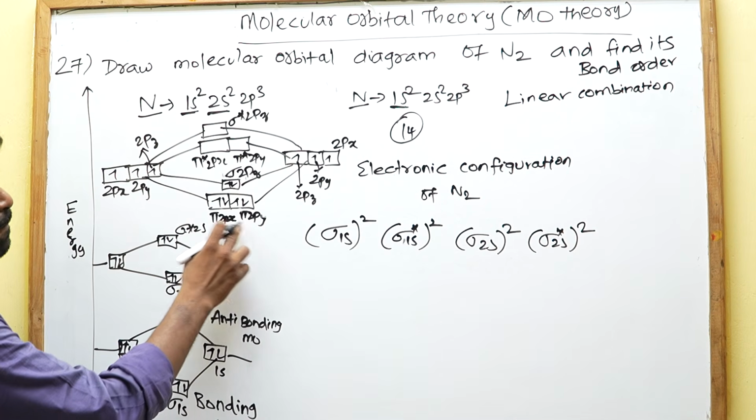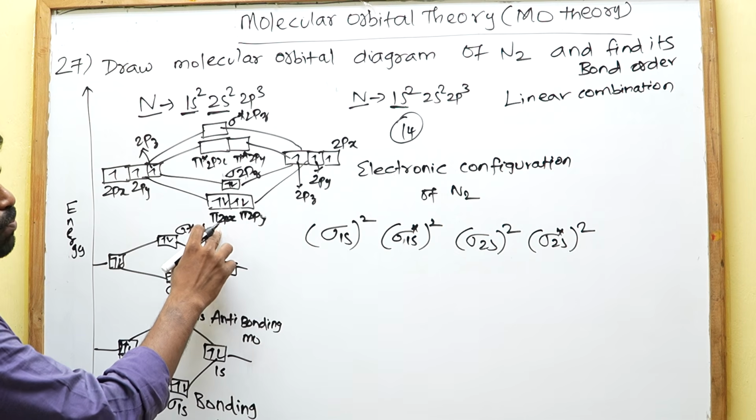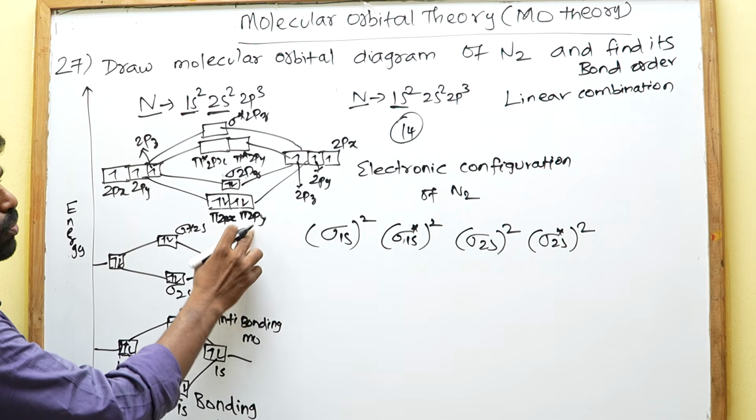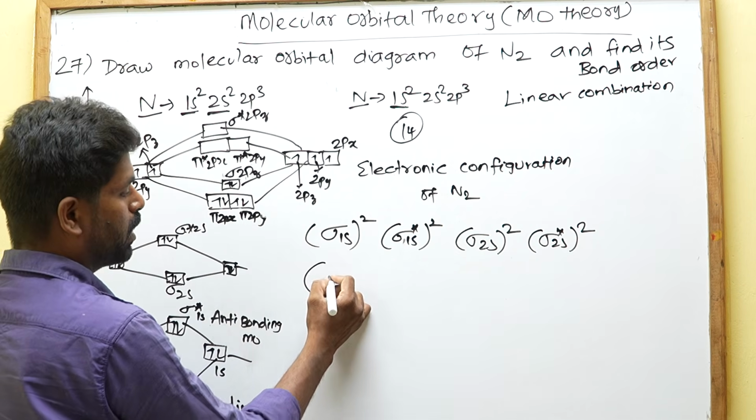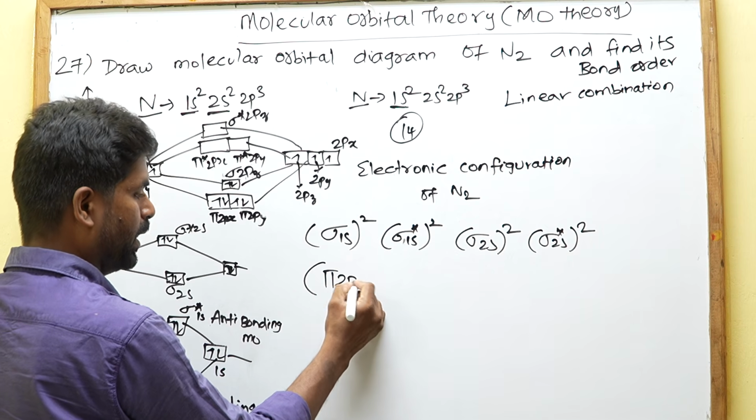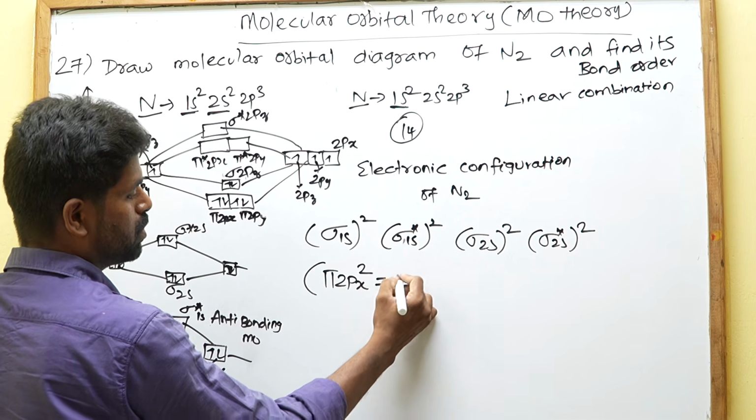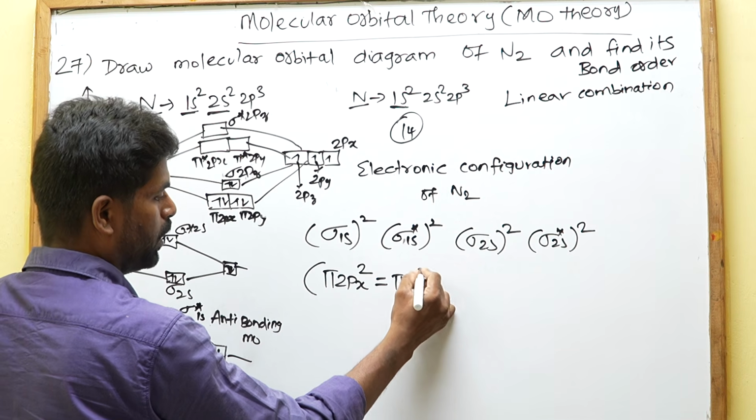Then if you look at the energy levels of pi 2px and pi 2py, they are the same. Therefore we can write pi 2px2 equals pi 2py2.